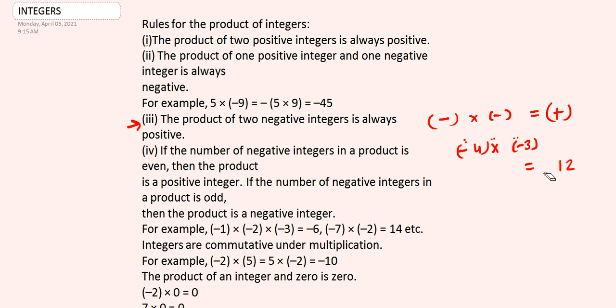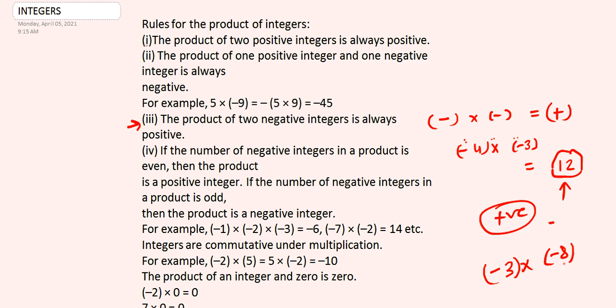Usually we are not writing the plus symbol here. We are not showing it here. Okay. If you are having only 12, that indicates a positive value. One more example. Minus 3 into minus 8. So again minus into minus is plus, and 3 8s are 24. So 24 is your required answer.